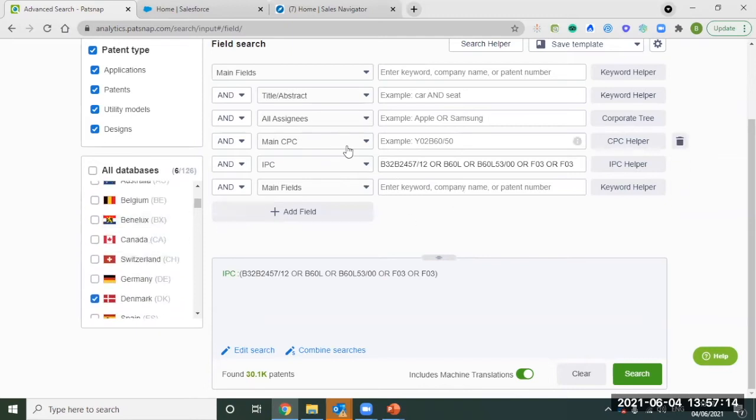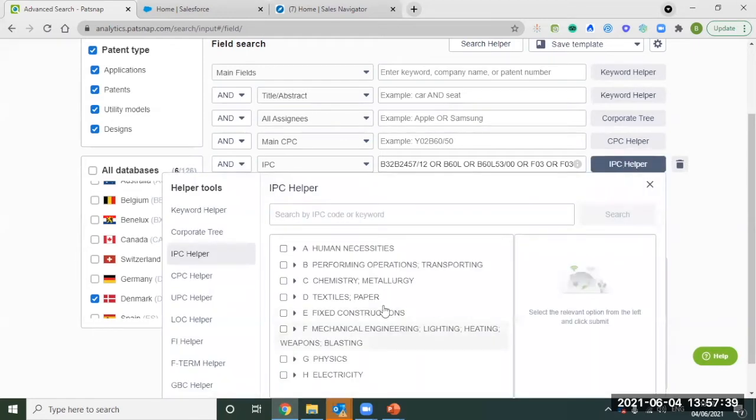So I'm actually refining by CPC code, but if you're curious to understand the difference between CPC and IPC code, CPC is what I understand is the more updated version, and was developed jointly by the USPTO, the US Patent Office, and the European Patent Office as well. You can use keyword helpers in both the CPC and IPC to help you find the IPC codes relating to the technology area you're interested in.